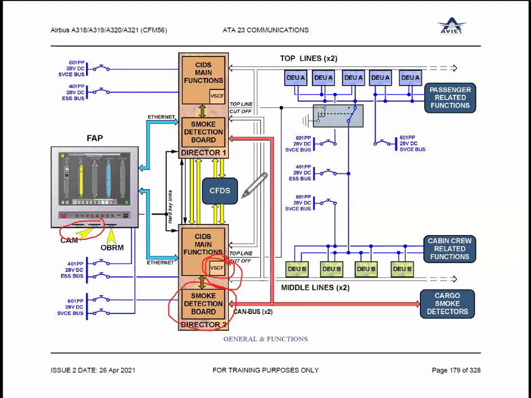And the interface from the SITS director to the FAP is through the Ethernet buses. Why Ethernet buses? Because every device which has a touch screen, even your mobile phone, has Ethernet buses, because every part of the screen is an input and output.